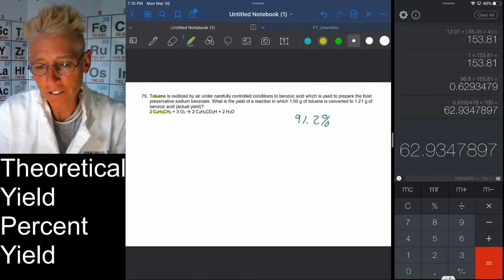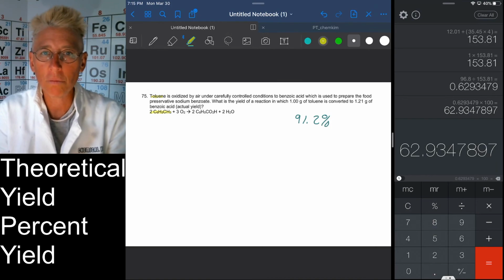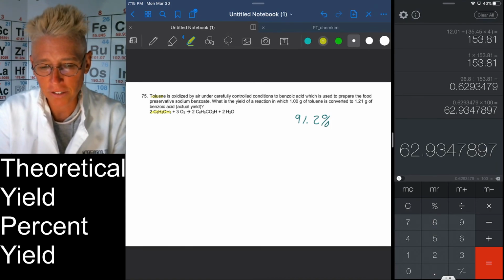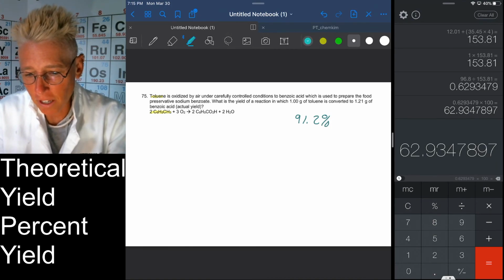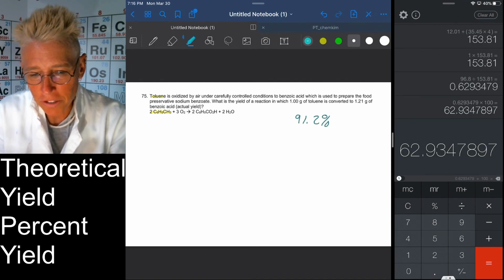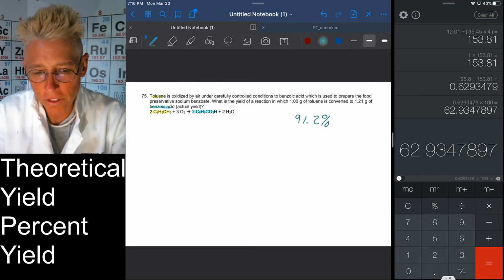What is the yield of a reaction in which 1.00 grams of toluene is converted to 1.21 grams of benzoic acid? If this helps, I'll highlight benzoic acid and benzoic acid. So you will start for the theoretical yield, okay?